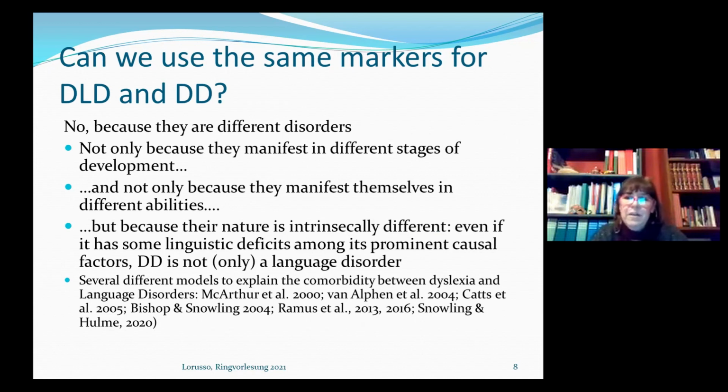Even if dyslexic children often have some linguistic deficits, especially and almost always have phonological deficits, but sometimes they also have problems in other domains of language. Developmental dyslexia is not, or not only, a language disorder.